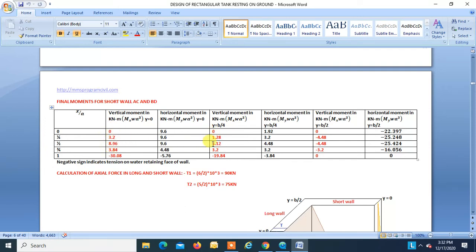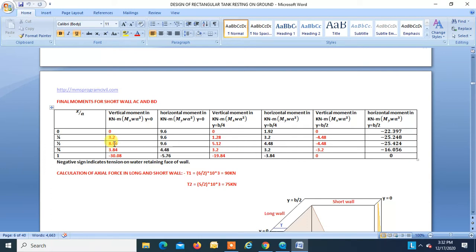So the maximum out of this is 8.96. So you have to calculate the vertical steel required for this moment.